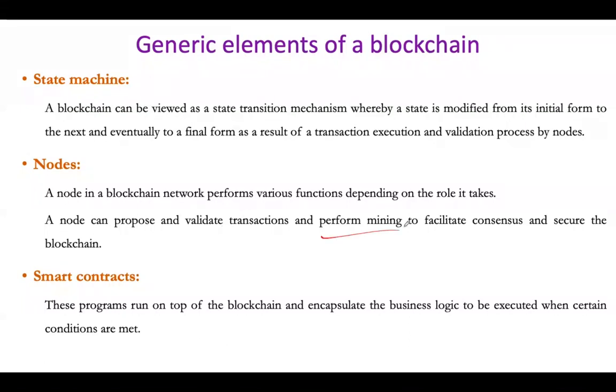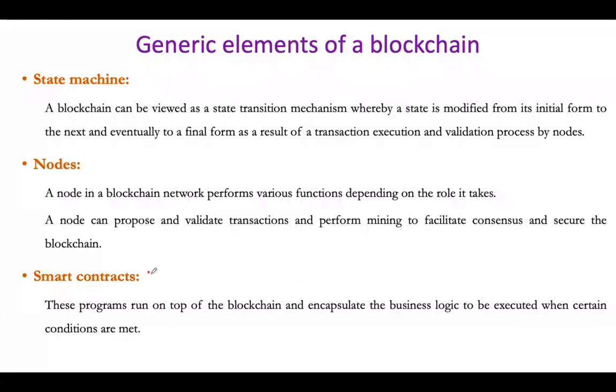This is done by following a consensus protocol. The most commonly used consensus protocol for this is proof of work, which we will discuss. Nodes can also perform other functions such as simple payment verification, validators, and many other functions depending on the type of blockchain used and the role assigned to the node.